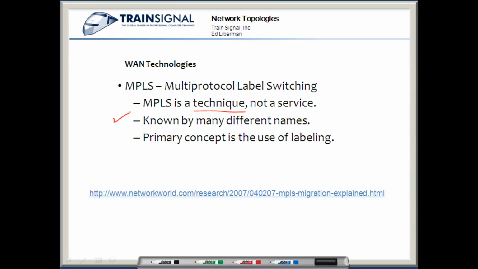Well, the idea behind labeling is that when a packet first enters a network, it can be assigned a label, which gives the router a quick piece of information so that it can quickly know how to get that packet to its destination without having to do a thorough analysis. So really, it's streamlining the process of going through different routers within a network. Now, again, you're probably going, huh?